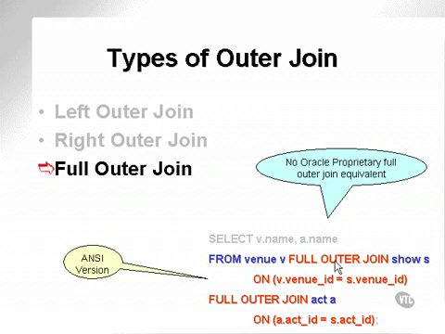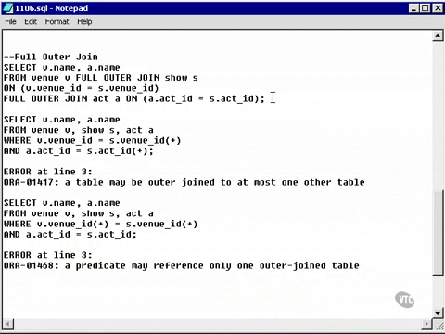Here we have a full outer join, in fact 2 full outer joins between 3 tables: the venue table, the show table, and the act table. Note how I've used the on clause to force the use of the matching between venue ID and act ID within the different joins. Let's look at some examples.